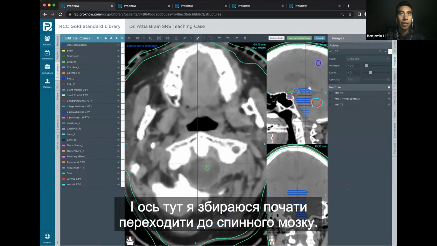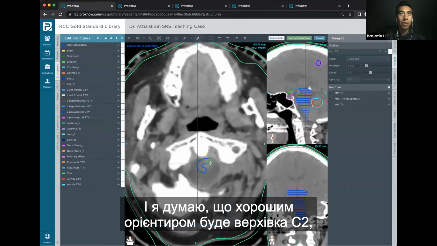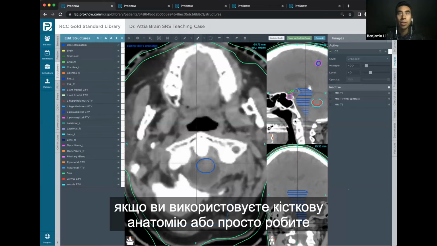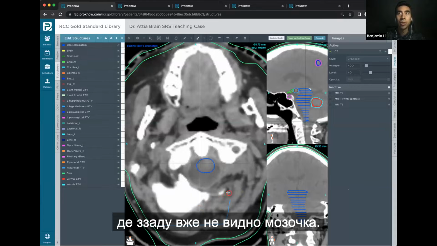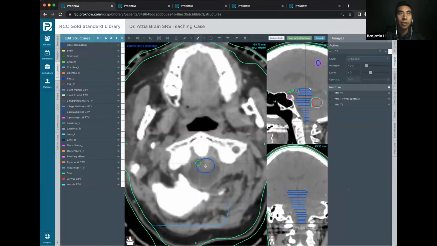And so I think a good landmark is the top of C2 here, if you're using bony anatomy, or if you're just doing it on axial views, you go down to where you no longer see cerebellum in the back.